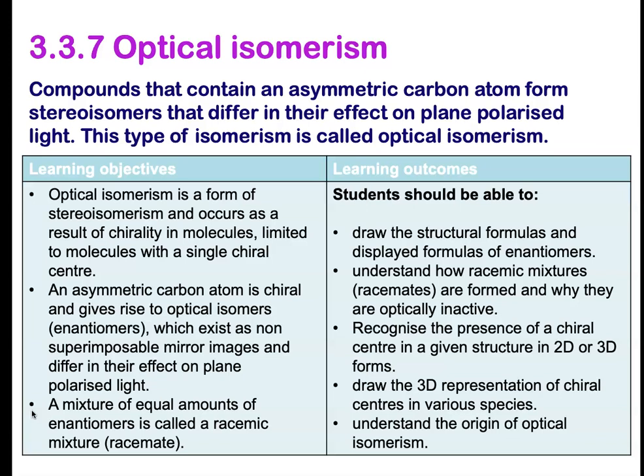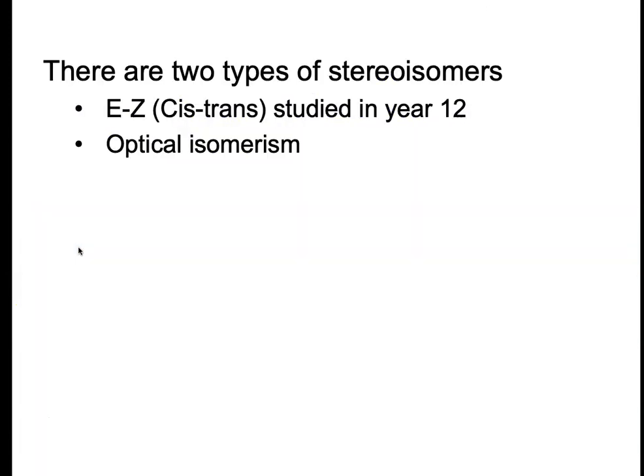In this topic, we are looking at your knowledge of structural formulae and displayed formulae from year 12, and the new material we will be covering is understanding what enantiomers are, understanding how racemic mixtures are formed and why we say they are optically inactive, drawing 3D or 2D structures of organic compounds, and understanding the origin of optical isomerism. So let's move on to our topic.